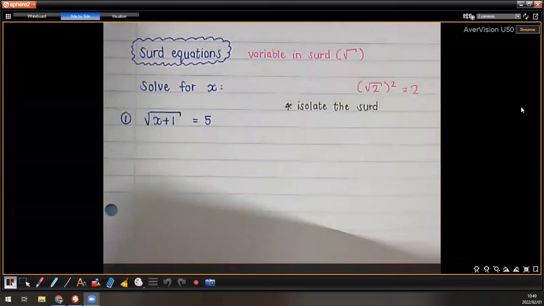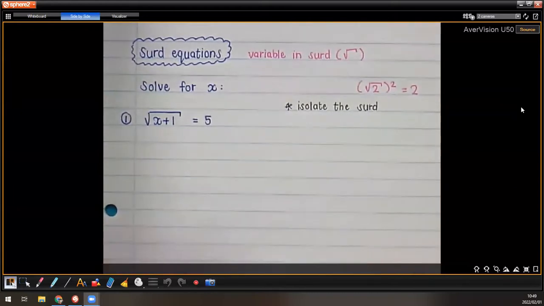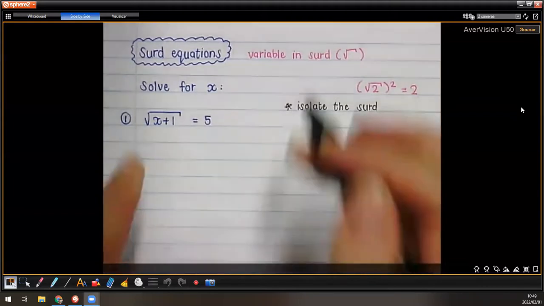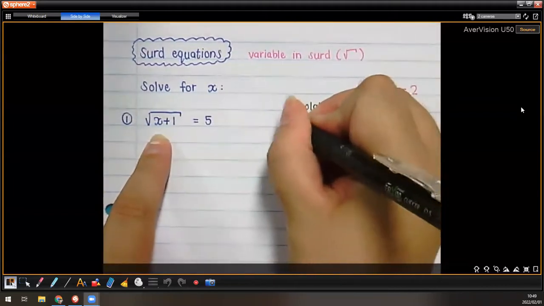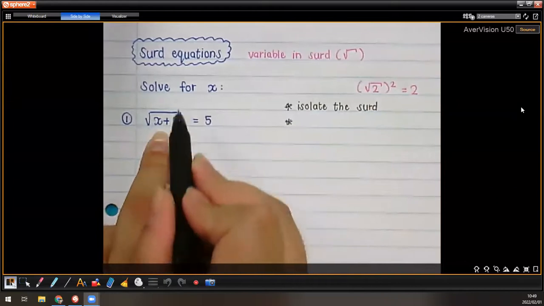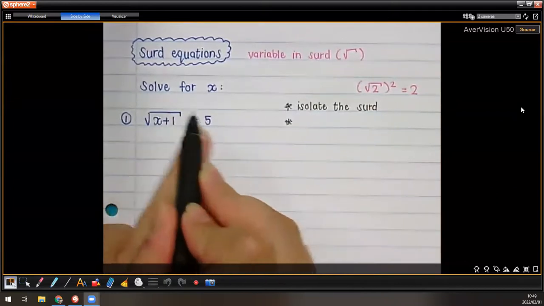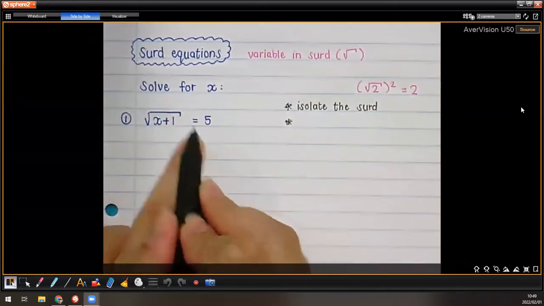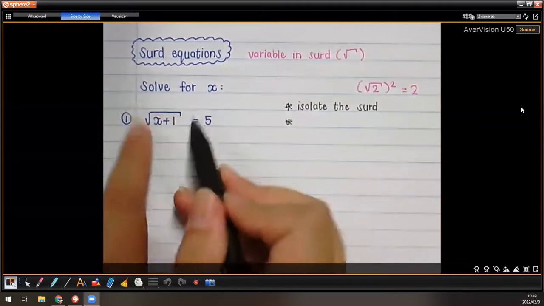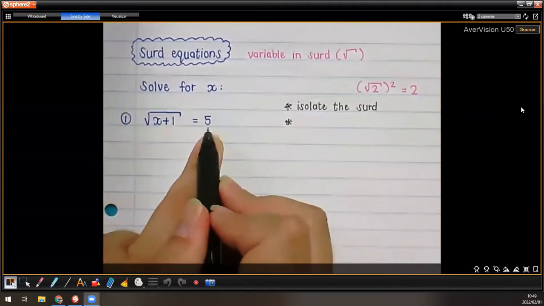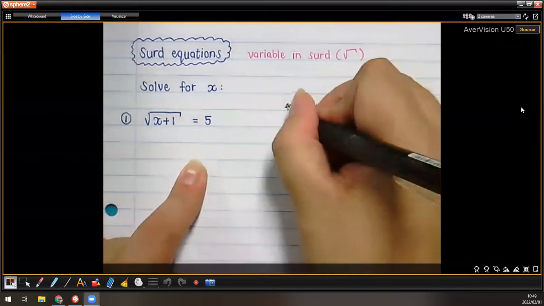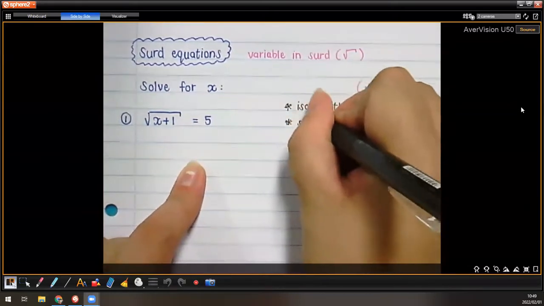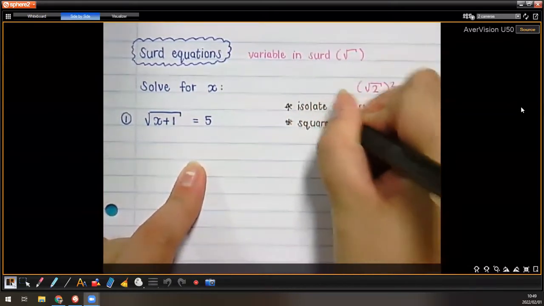Okay, so we are using that concept. So we are going to square the surd, but guys, this is an equation. Whatever I do on the one side, I have to also do on the other side. So if I square the surd to get rid of it, then I have to square the 5 as well. Okay, so that is going to be the next step. Square both sides.